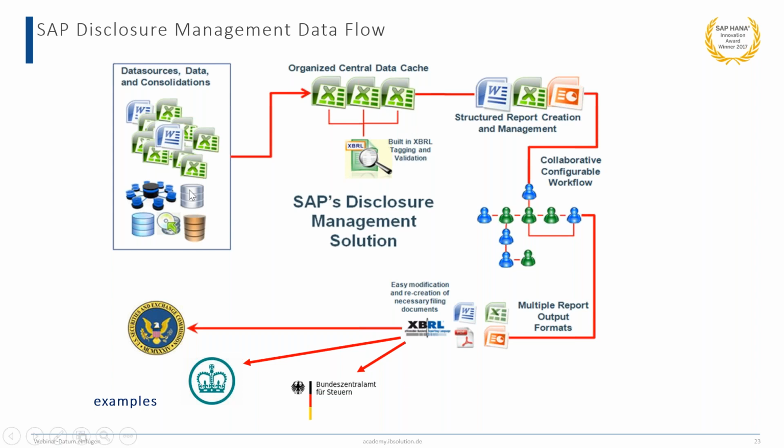This is all achieved via collaborative workflow, which we know already that we can set up based on our needs, our requirements and the team responsibilities. And then we can produce different outputs, and here are some examples in terms of iXBRL to different tax authorities which we need to comply with.